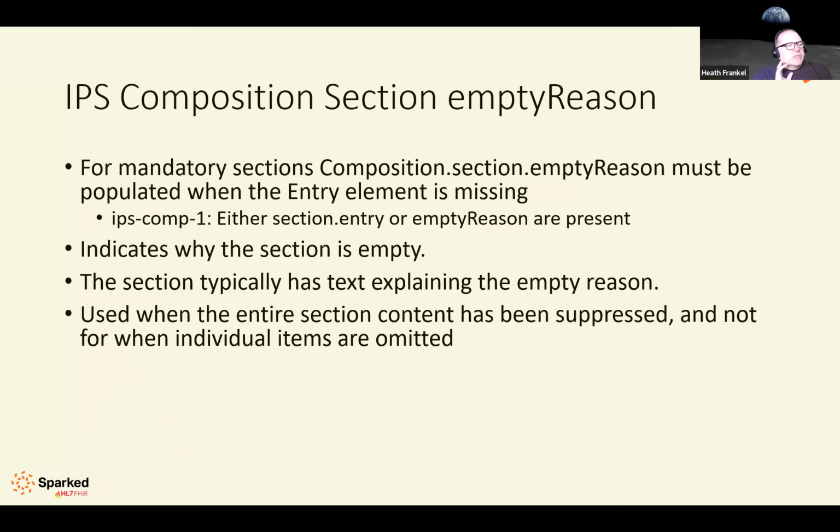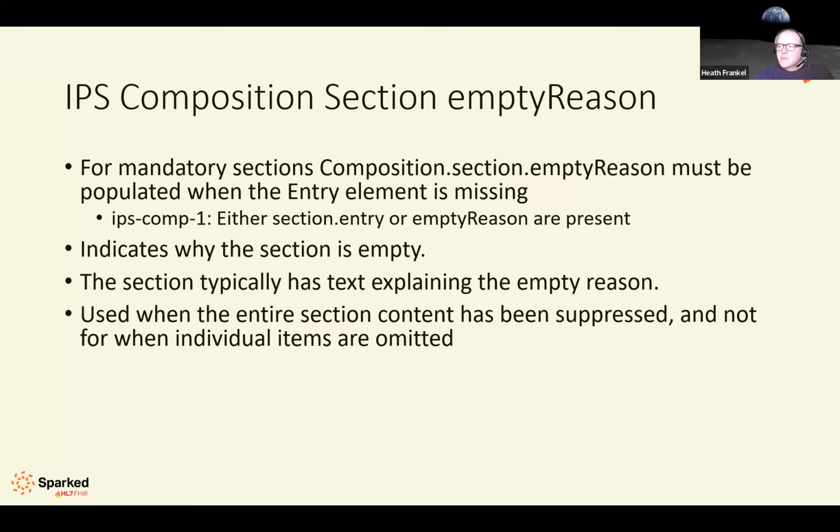So I think I've been through most of this. The only point here, I guess, is that the section typically also has some text to explain the empty reason. Didn't show that too much, but if you have a look at the profile. And it's used when the entire section has been suppressed, not just an individual item has been suppressed.